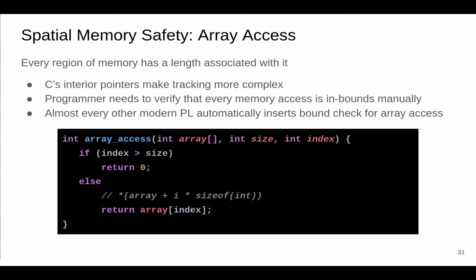So the array is the length of all the elements plus the integer to store the actual length. And that way you can actually implement bounds checking as you're working with it. The Java just-in-time compiler will add these bounds checks as it's compiling the code to make sure that out of bounds access cannot happen.